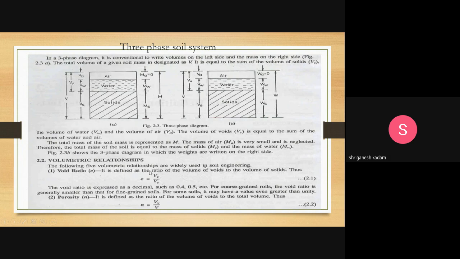So here you can remember that void ratio can be greater than 1. व्हाईट्स रेशो हा 1 पेक्षा जास्त असू शकतो.